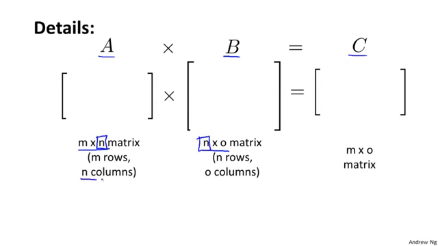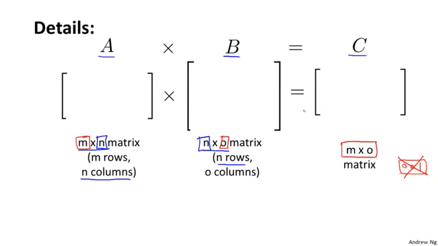So the number of columns in the first matrix must equal the number of rows in the second matrix. And the result of this product will be an m by o matrix, like the matrix C here. In the previous video, everything we did corresponded to the special case of o being equal to 1, that is, the case of B being a vector. But now we're going to deal with the case of values of o larger than 1.